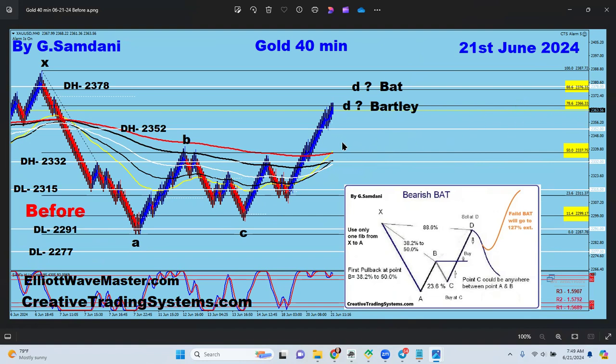And then it may drop. Or it may go and finish the Bat pattern at 88%, which is 23.76, and just above that is 23.78. It can go there very easily, so be very careful, right? Once we go there, or maybe it drops from there, then we can go all the way down as a Bat pattern.